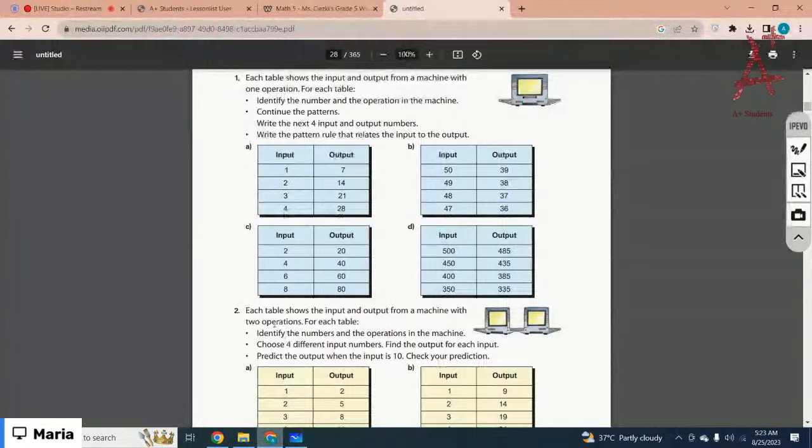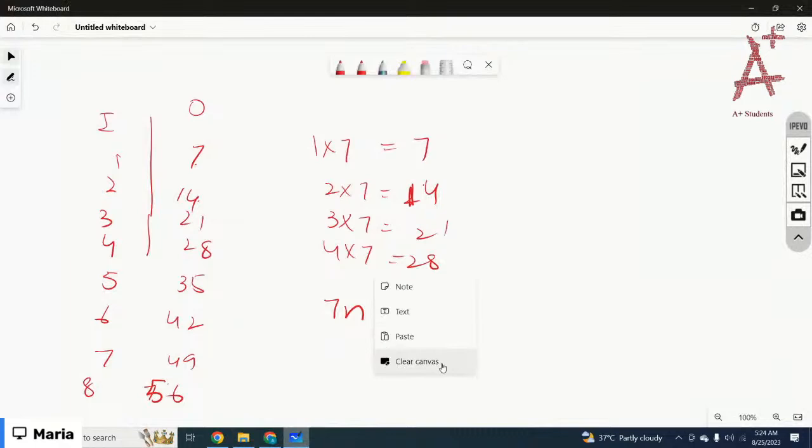Okay, let's just do the D part, right? Basically, the input and output values are connected. They have a strong connection, right?